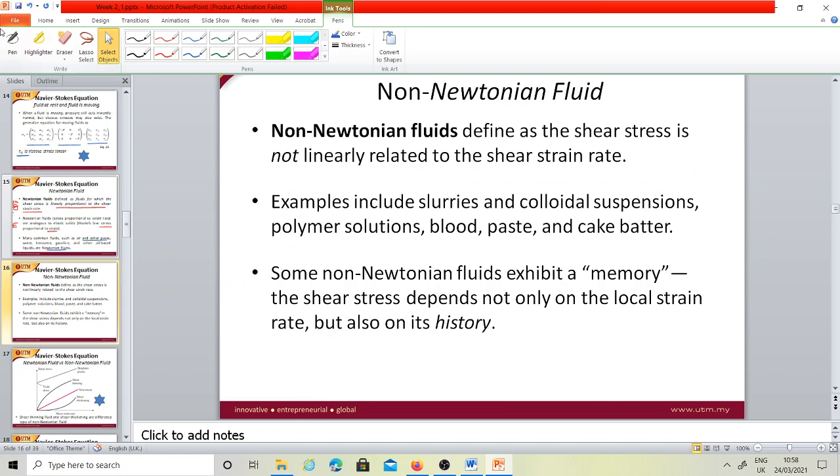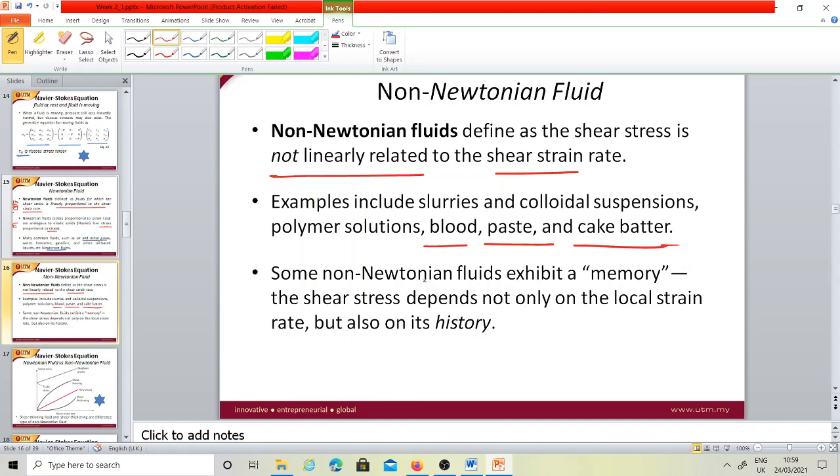And on the other hand, what is a non-Newtonian fluid? It means that it's not linearly related to the shear strain. It can change abruptly. For example, cake batter, paste, blood. In this case, the stress and strain are not proportional, so it's not following the linear way. It's different.